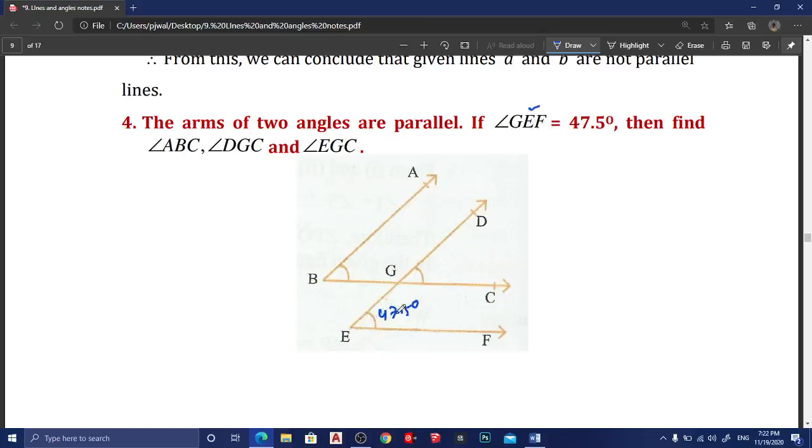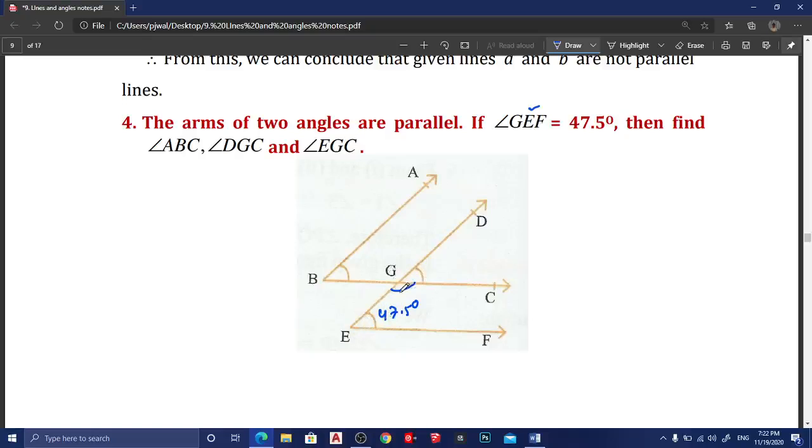One of the angles is given. Then you have to find angle ABC, which is angle B here, angle DGC, which is angle G here, and angle EGC. Here also it is angle G only, but here you have to take this side. Angle EGC means the central letter is G, but you have to take it on the opposite side.